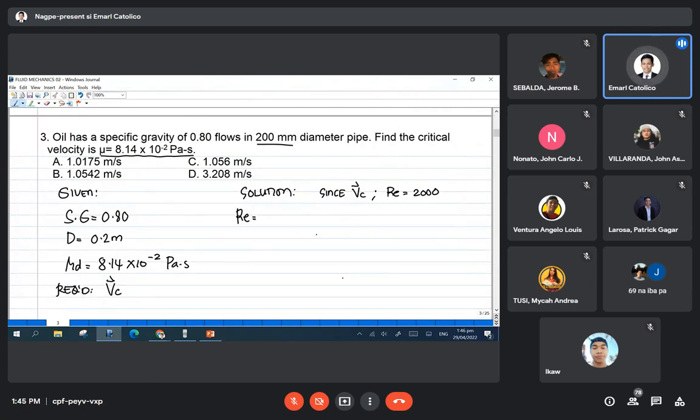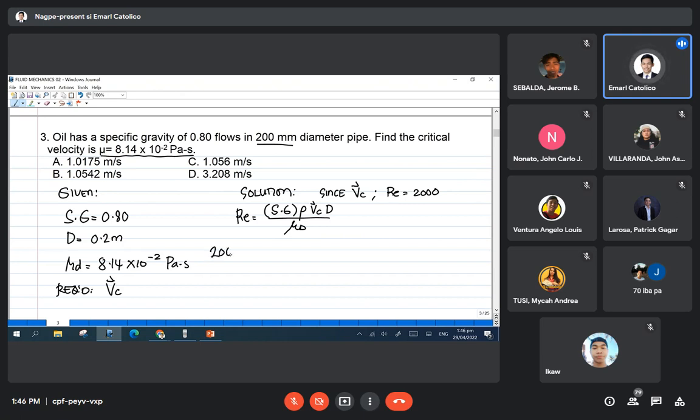Since we have a specific gravity, we use it: specific gravity times density times velocity, which is the critical velocity, since the Reynolds number to use is 2,000, times diameter divided by dynamic viscosity.